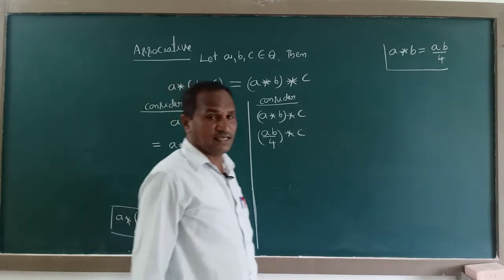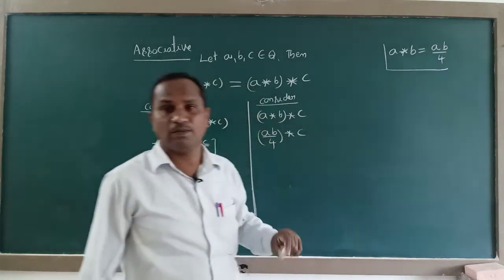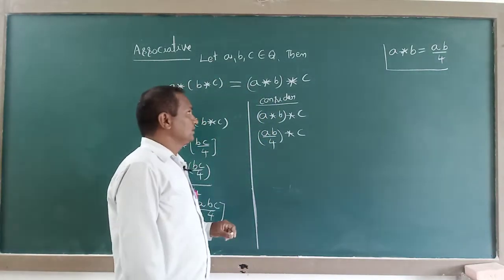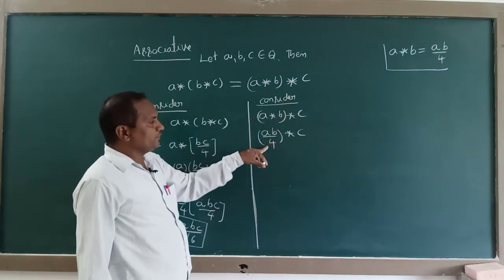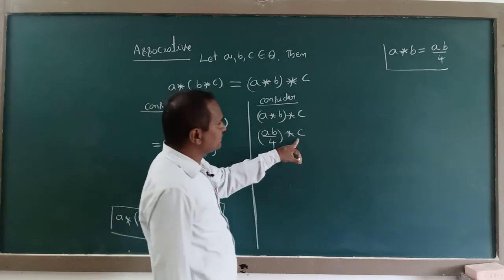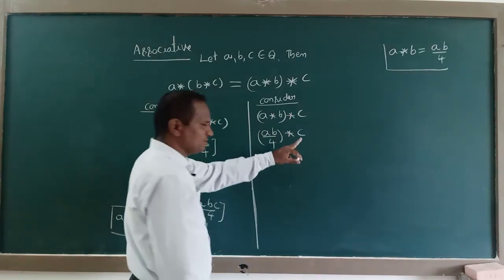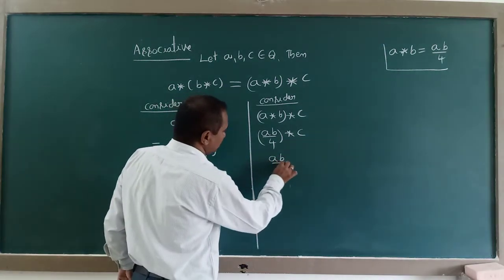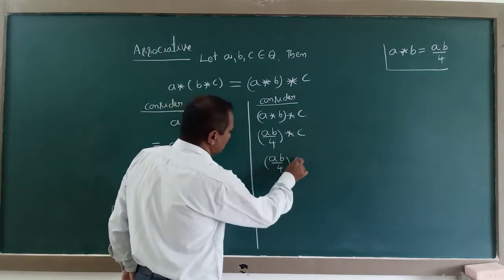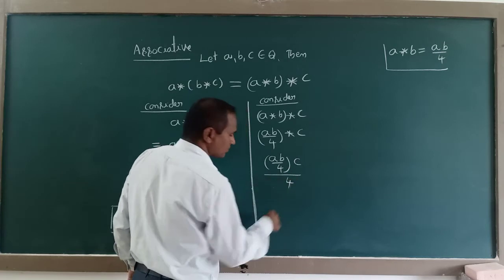Once again star has come, so once again we have to apply the given definition. That is, a star b is equal to ab by 4, so instead of a we have ab by 4, and instead of b we have c here. You apply the definition: ab by 4 into c whole divided by 4.